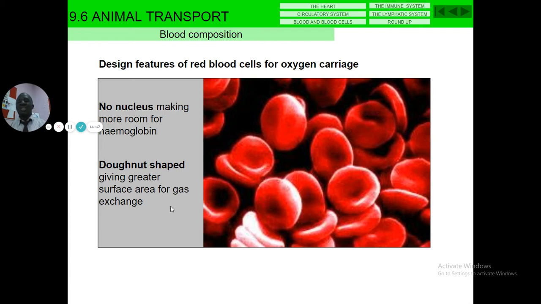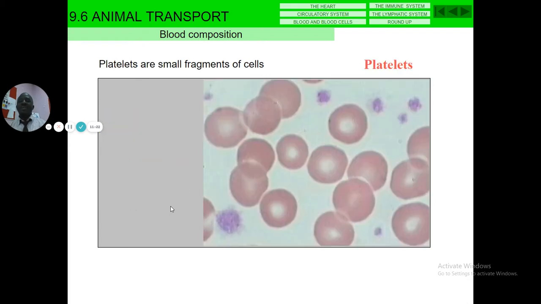They are also numerous, to increase the surface area for transportation of oxygen gas. So lacking the nucleus, having hemoglobin, the biconcave shape, and being many are the four adaptations that help the red blood cells perform their function.